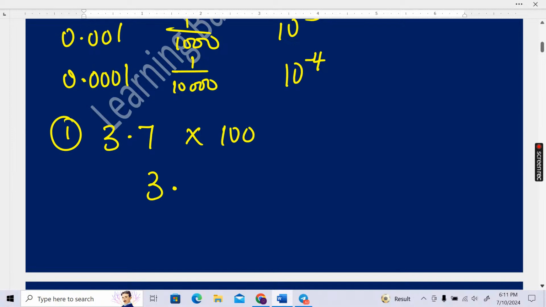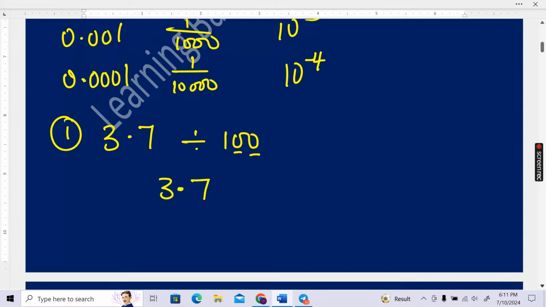I told you that anytime you are dividing, you move your decimal point to the left. So I have 3.7. We are going to move the decimal point to the left. How many times? Twice, or two places, because 100 has two zeros.